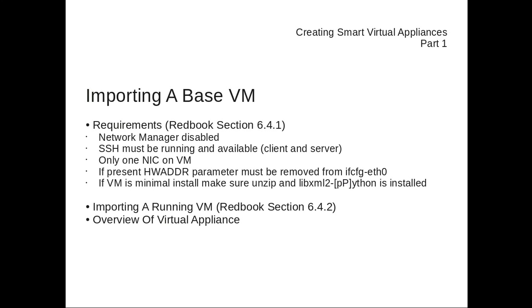Only one NIC on the VM. If present, hardware parameter must be removed from the ifconfig file, so the configuration file for the NIC. And if the VM to be imported is a minimal install, you'll have to install unzip as well as libxml2 Python.